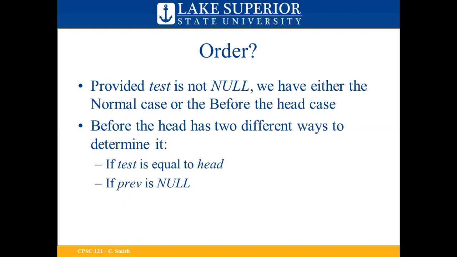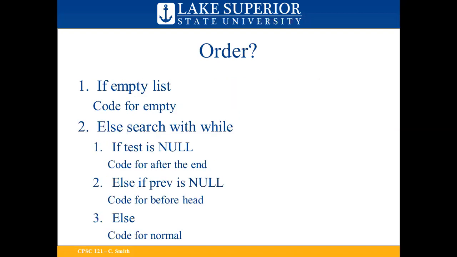We knew that we had to check this before the head, because again, that previous being null means we can't use it in the insertion as if it's a normal case insertion. So we've got to determine if it's before the head before doing the normal. So indeed, here's our final order.